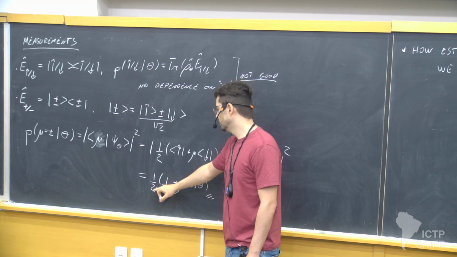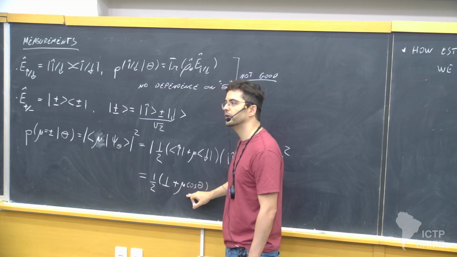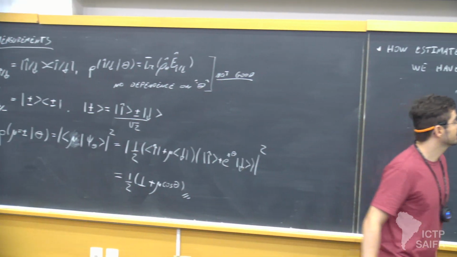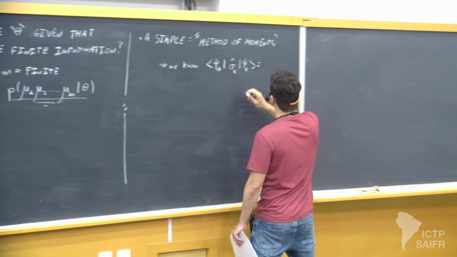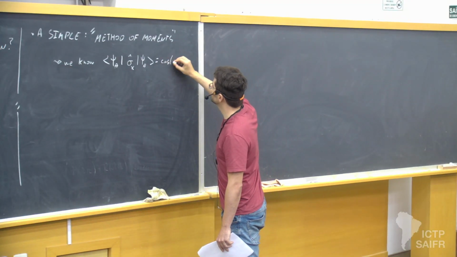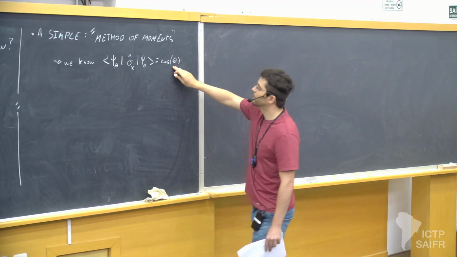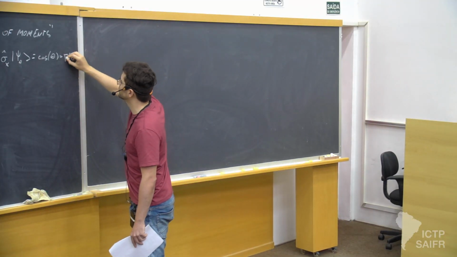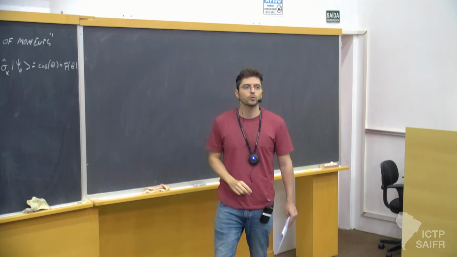So essentially, we kill this first term, and the second one is going to leave only the cosine of theta. Okay? So the expectation value of some observable of my spin, in this case, is just the cosine of the parameter that we want. That is essentially always going to be a function of the parameter that we want.